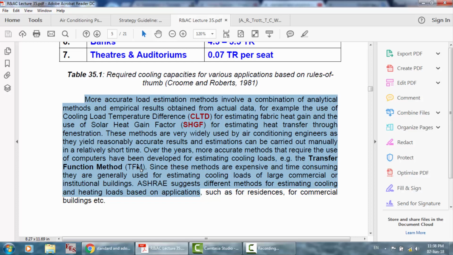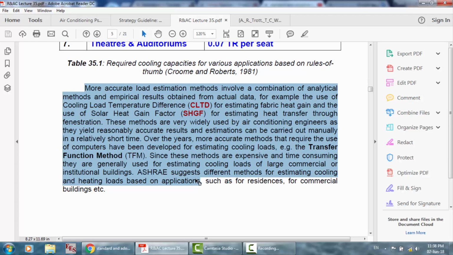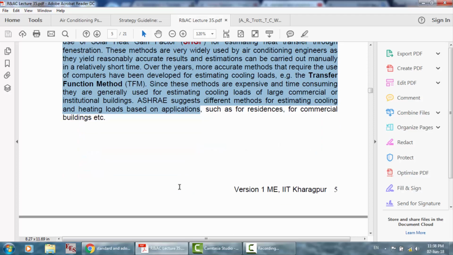Over the years, more accurate methods that require the use of computers have been developed for estimating cooling loads, like the hourly analysis program and these kinds of software programs. The transfer function method, since these methods are expensive and time consuming, they are generally used for estimating cooling loads of large commercial and institutional buildings. ASHRAE suggests different methods for estimating cooling and heating loads based on applications, such as for residences and commercial buildings.